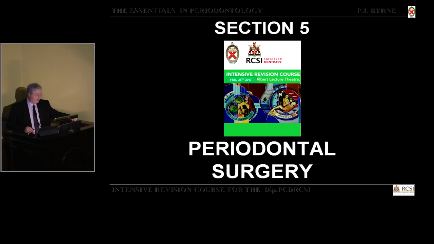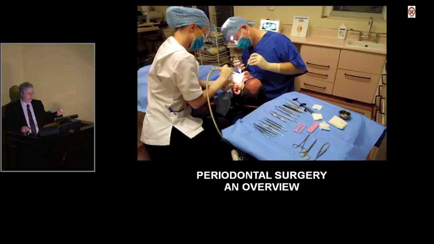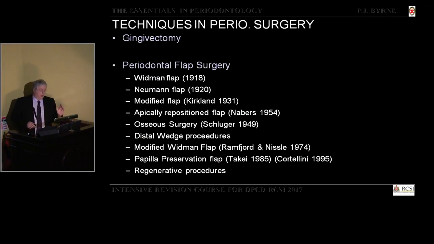So, a little brief run through periodontal surgery at this stage. We have two basic techniques, the gingivectomy and the periodontal flap procedure. The periodontal flap procedure has been described over the ages, and you can see the evolution of the various flap techniques from the original Widman flap just around the First World War period, right the way up to modern regenerative procedures of today.